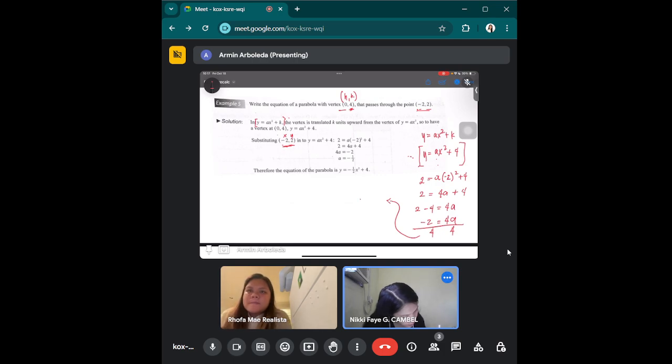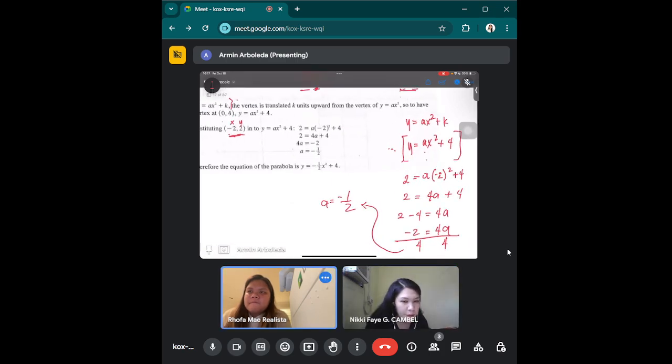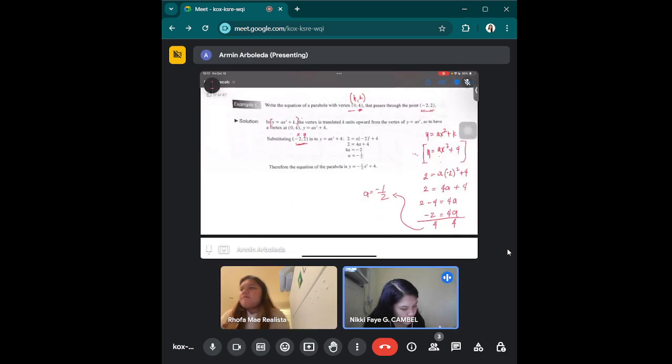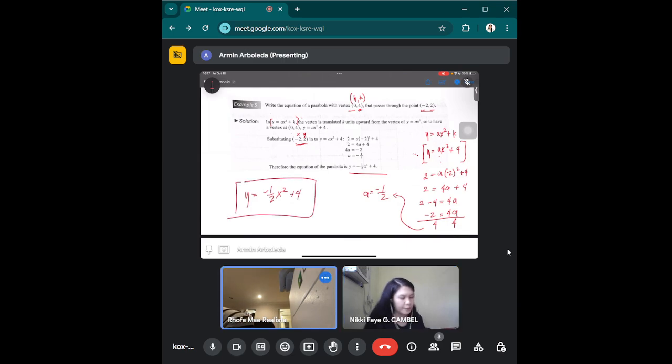A is negative 1/2. So that's how we're gonna get the equation of the parabola. So our equation for this example is y equals negative 1/2 x squared plus 4. Let's be clear.